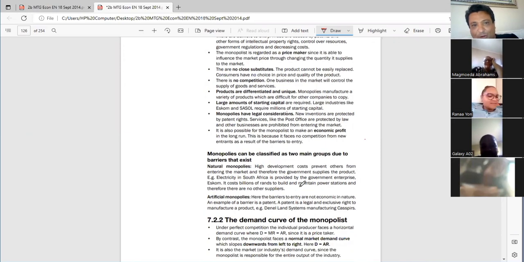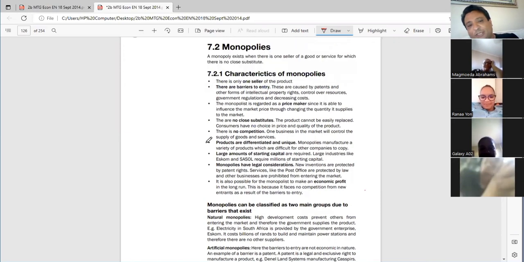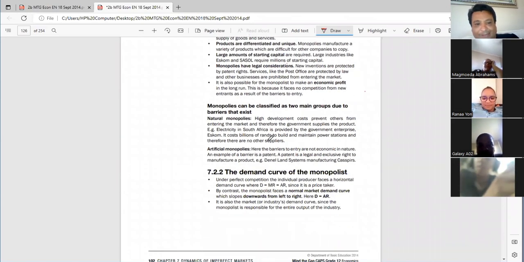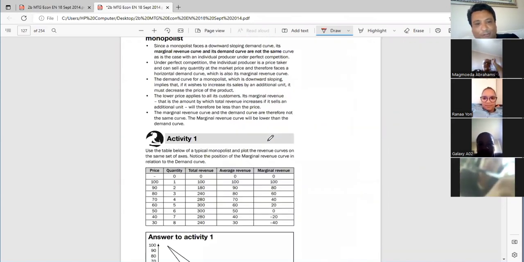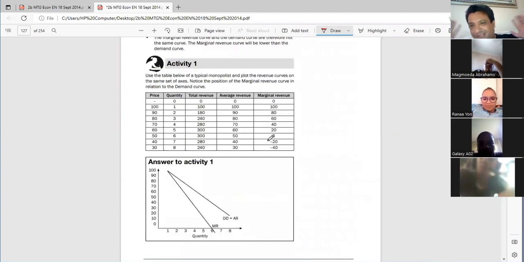Next. So now you've got, and obviously there's no competition. Let's come to the interesting part here. How do you draw a monopoly graph? What you need to know about the monopoly graph is the law of demand.